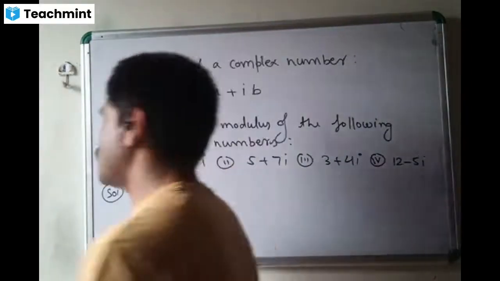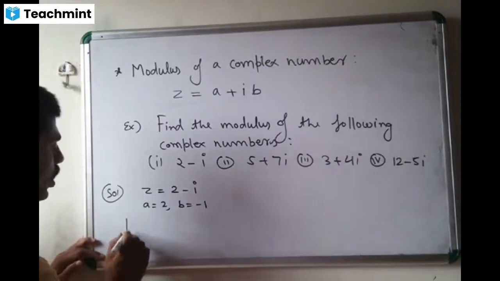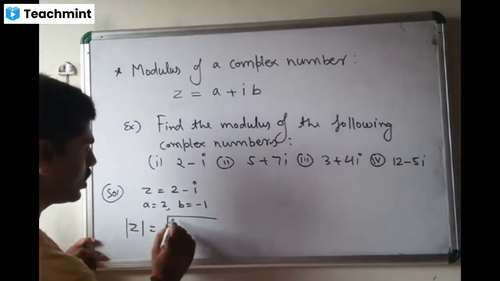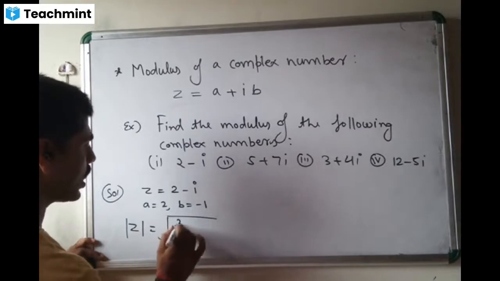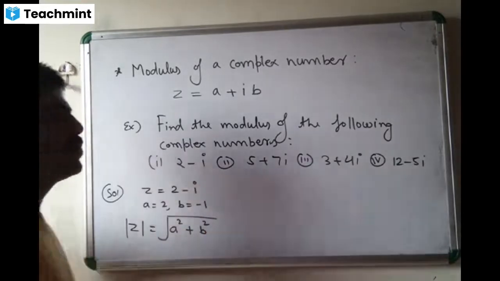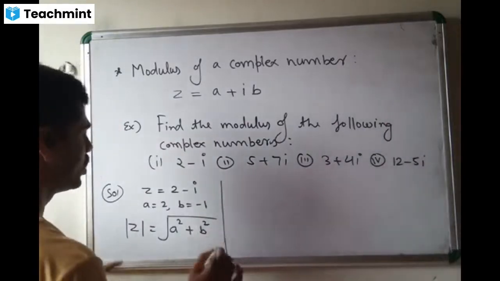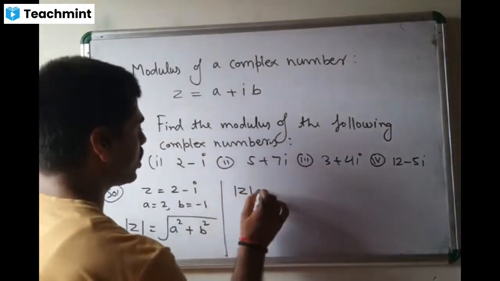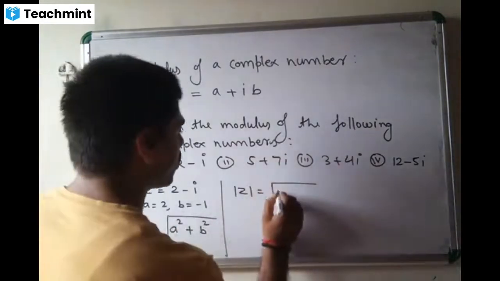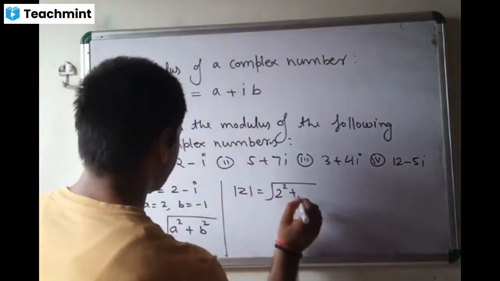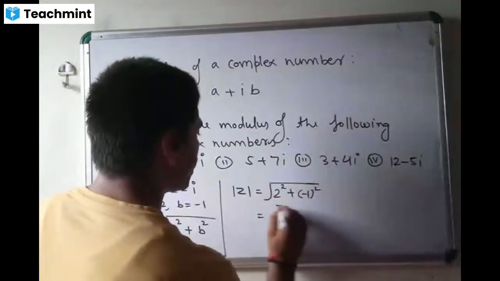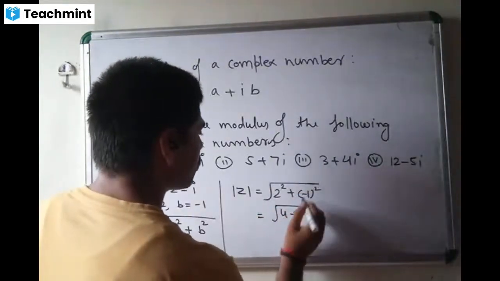And now to find the modulus, mod Z, you know, is equal to what? Square root of the square of the real part plus the square of the imaginary part. Yes or no? So mod Z is equal to under root of 2 squared, which is 4, plus minus 1 squared, which is 1.